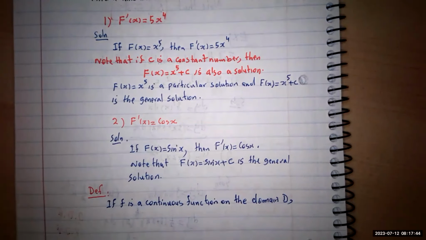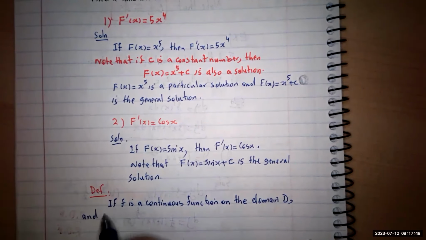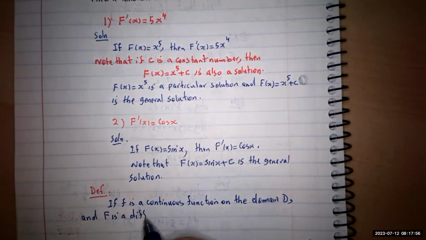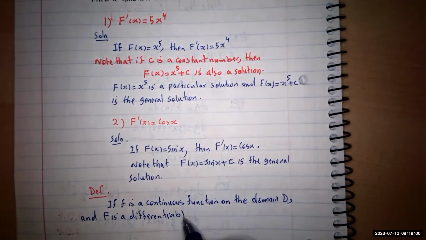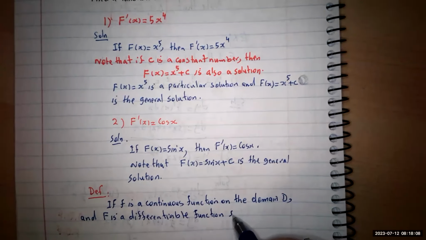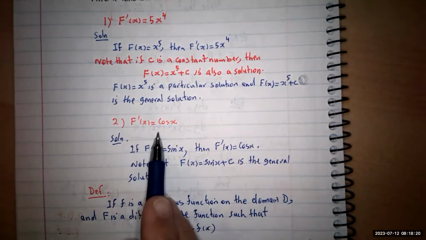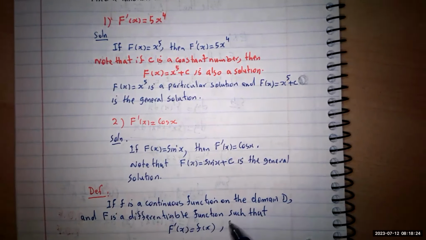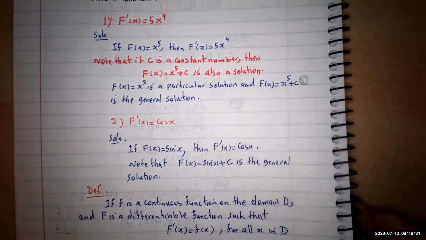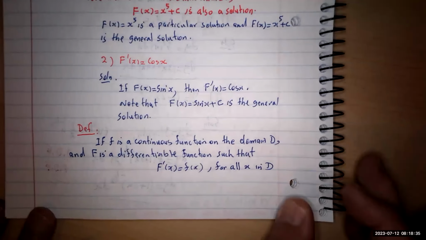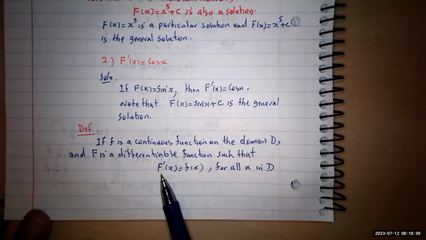The second one must be differentiable. The second function, the big F, is going to be a differentiable function, such that this equation is satisfied: F prime of x is equal to f of x, like the one that we did over here, for all x in the domain D. If this equation is given to you, remember the idea was you find that F of x, the missing part.